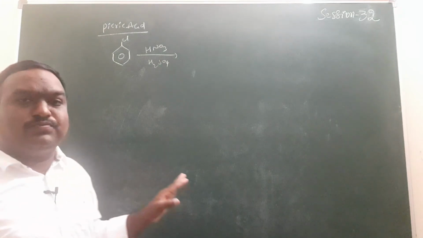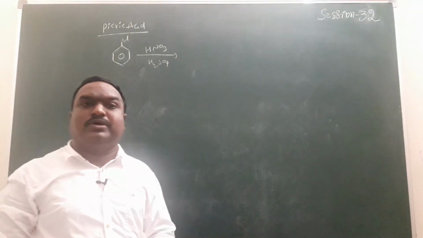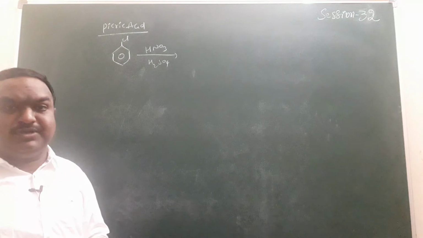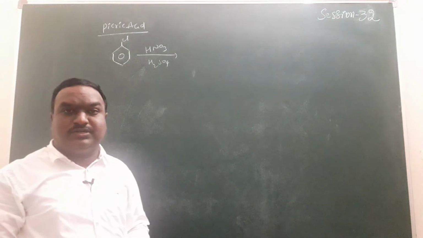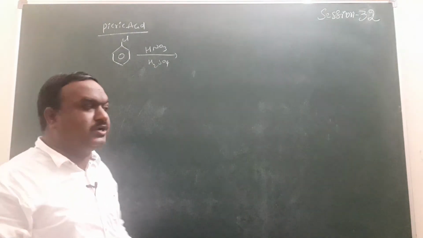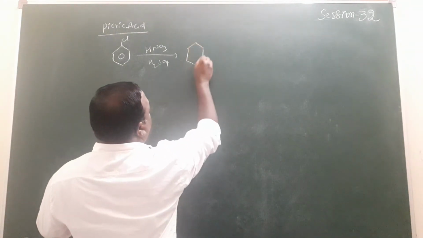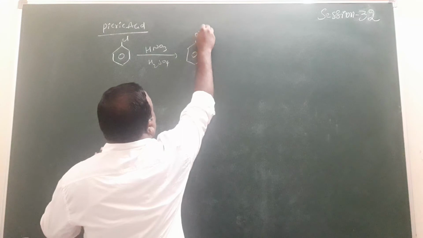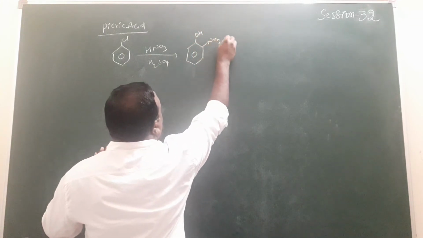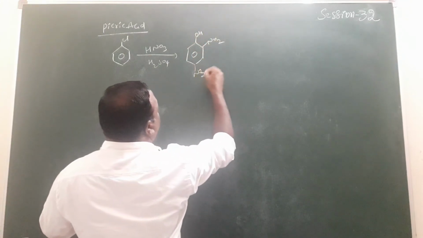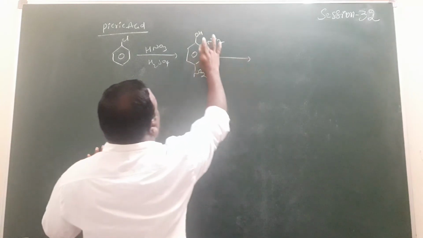The ortho and para substituted product is formed here. What type of reaction? Electrophilic substitution reaction. So, ortho and para dinitro chlorobenzene. Whether you take a mixture or a single compound doesn't matter here. NO2 group and NO2 group, again with chlorine.